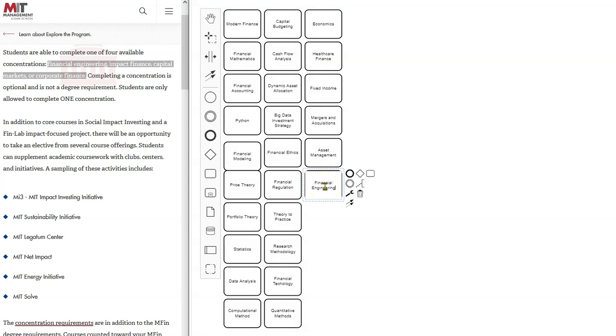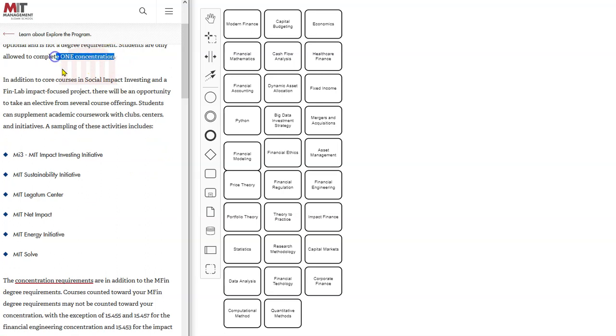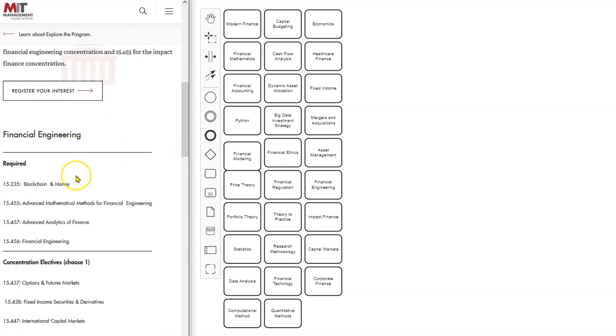Financial engineering, impact finance, capital markets, and corporate finance. It says they can only do 1 concentration. Supplement academic coursework with clubs, centers, and initiatives. So there's some other clubs and initiatives.